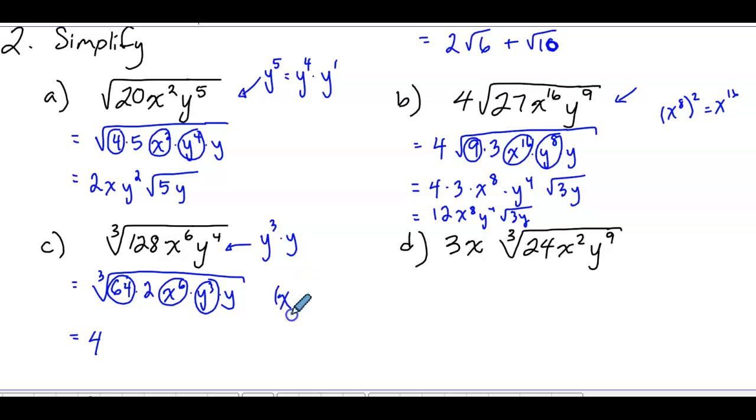So when you square something, you have to get x to the 6. So that's x cubed, right? So really you're dividing this exponent by 3 to get the new exponent. So that's x cubed, dividing this exponent by 3 to get y, and then cubed root, don't forget the little 3, of 2y. Okay.